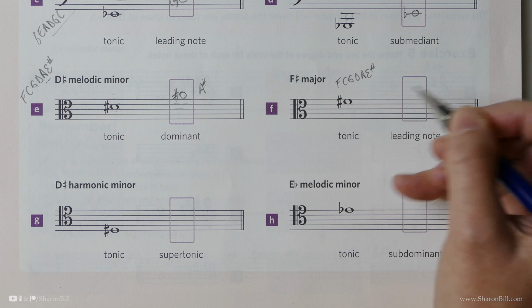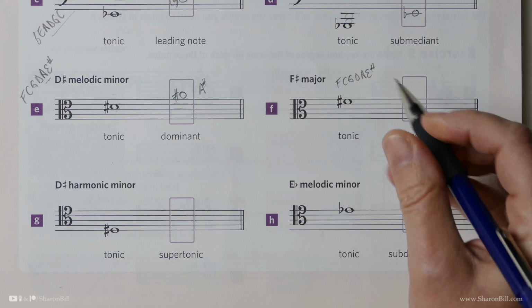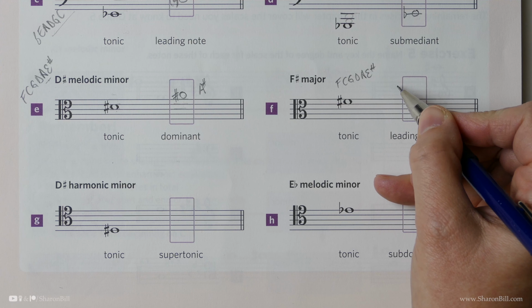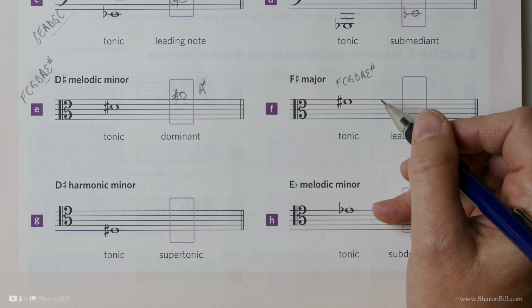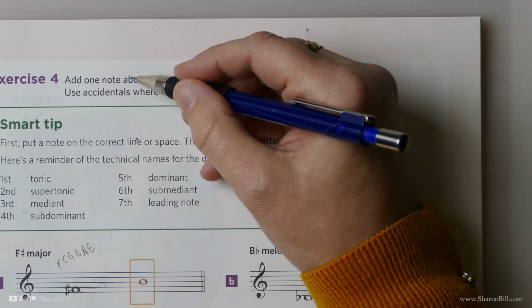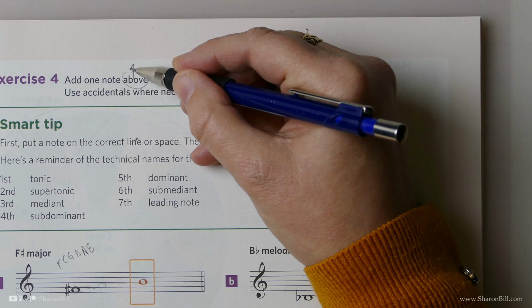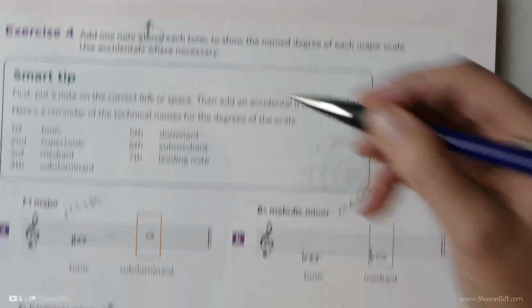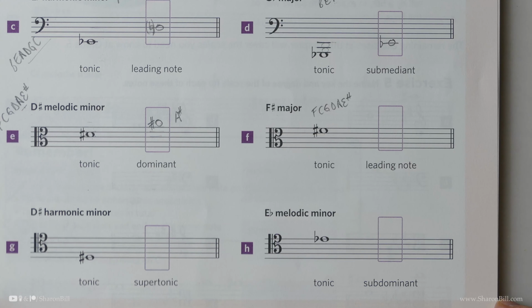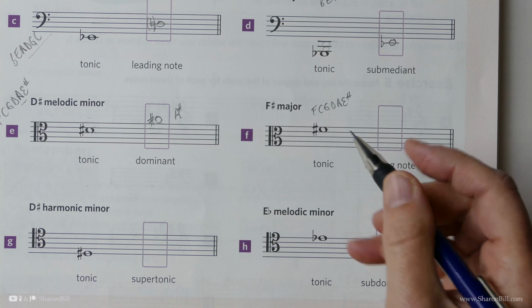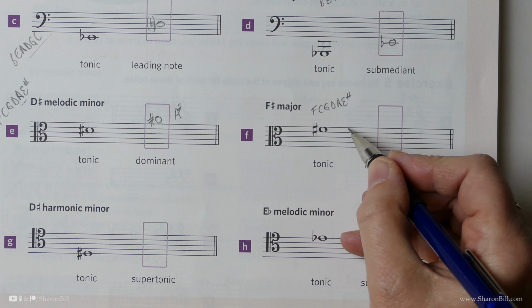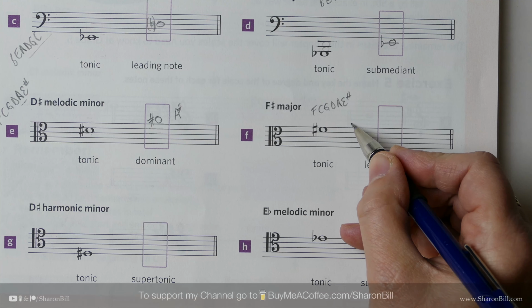So here, F sharp major, we know is F, C, G, D, A, E sharps. This is an F sharp, and we need a leading note. Now we've got to count up, because if you notice at the beginning of the exercise it says one note above, we've got to go above. We can't then jiggle the octaves, so we're going to have some ledger lines here. So let's get counting. 1, 2, 3, 4.